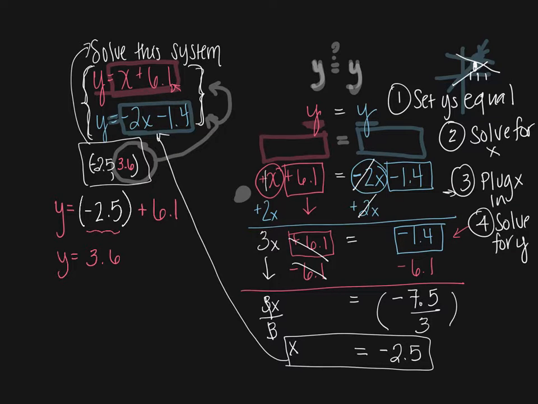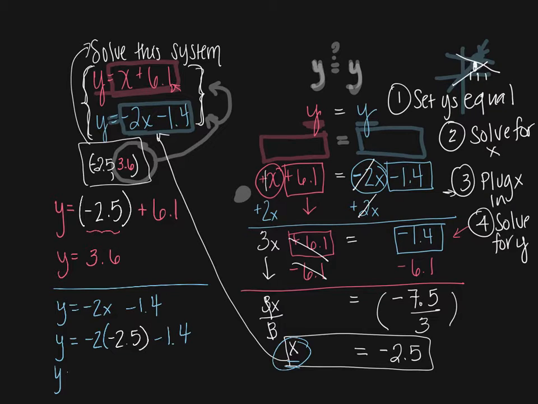Now let's see that we get the same thing if we go with our blue formula instead. So if I use the formula y equals negative 2x minus 1.4, and I'm going to plug my x in, then y equals negative 2 times what? Good, negative 2.5. And then to that, I'm subtracting 1.4.